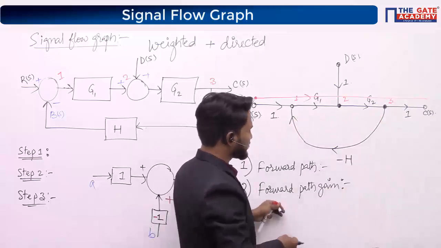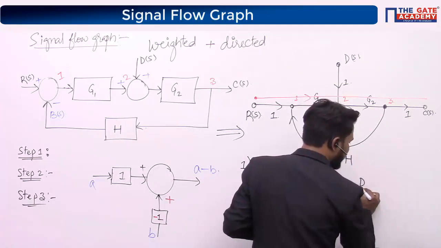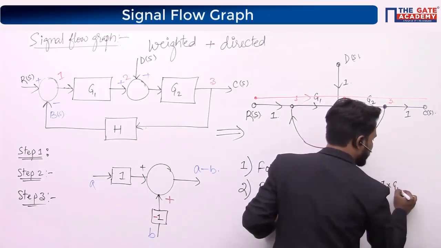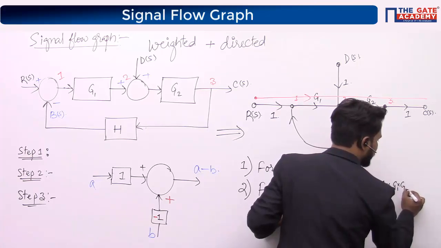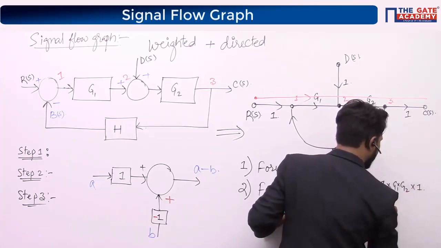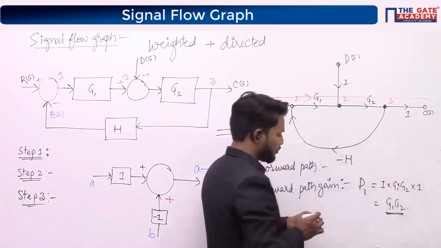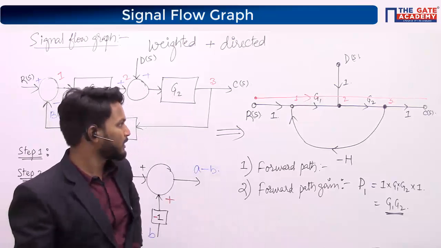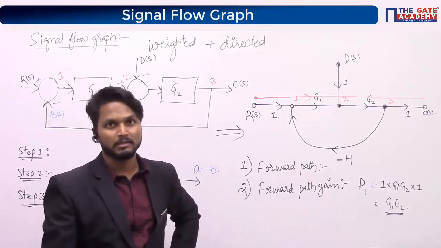I am indicating the forward path gain with P1. P1 is equal to 1 multiplied by G1 multiplied by G2 multiplied by 1, that is equal to G1 G2 simply. The product of gains of all the constituents of the particular path is known as the forward path gain.